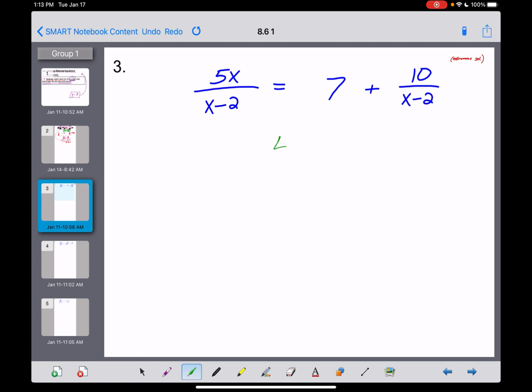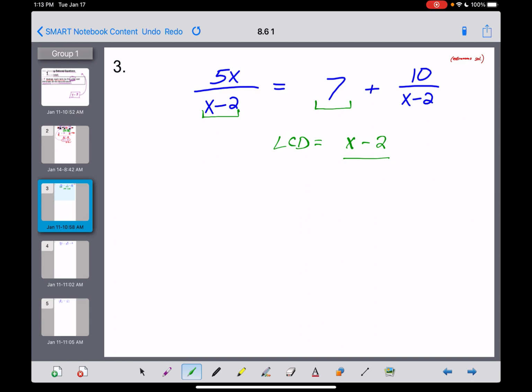So it's time then to start building the LCD, the lowest common denominator. So what do we do first? We take the entire first denominator, x minus 2, and we write it down without thinking too hard. Then we go to the next term and we take any factor from its denominator that's not already here and we write it in. Well, you're going to be tempted to say that 7 doesn't have a denominator. Technically it does, and it's 1.